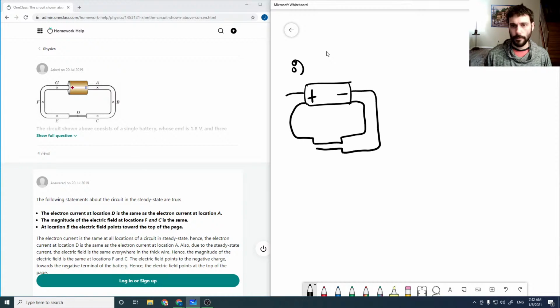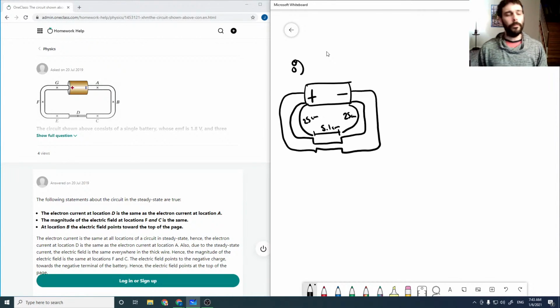It also gives that the lengths of each of the thick wires is 25 centimeters and the length of the thinner wire is 5.1 centimeters. Okay, and so the questions, or it asks which statements are correct.